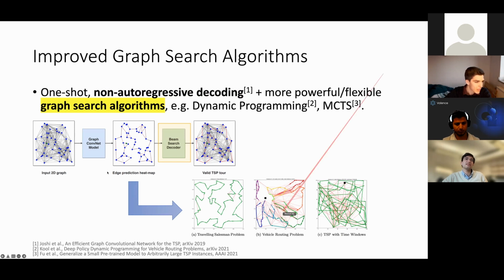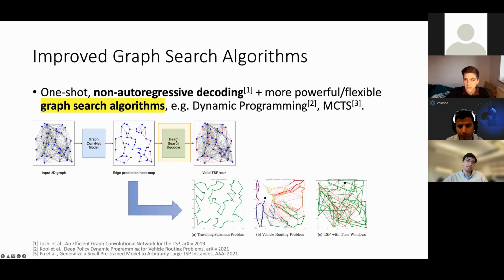Specifically, these are the non-autoregressive kind of models, which give us a heat map, and then we can have a search algorithm. So what people are doing is really trying to push the search algorithm here.